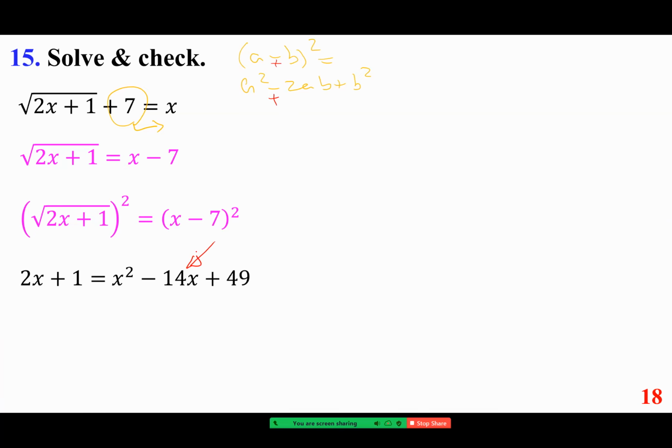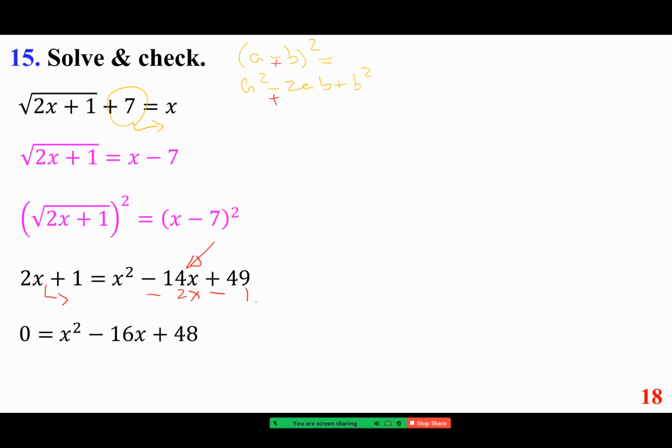You want to solve this? This is a quadratic equation. We're going to put it in standard form by bringing everything to the same side. So minus 2x minus 1.